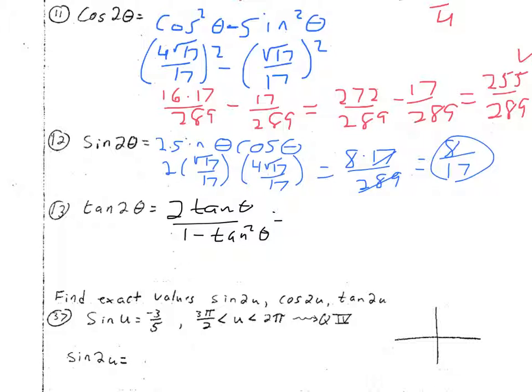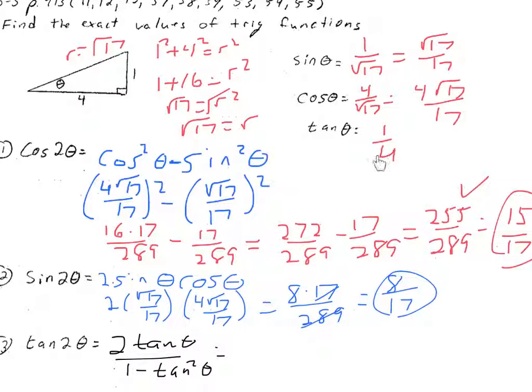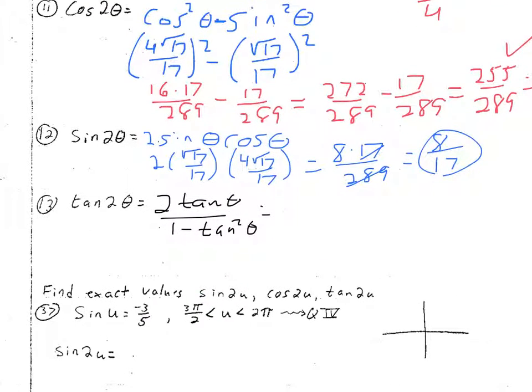Plug in our values. Our tangent value was 1 over 4. This will give me 2 times 1 over 4 over 1 minus 1 over 4, the quantity squared.